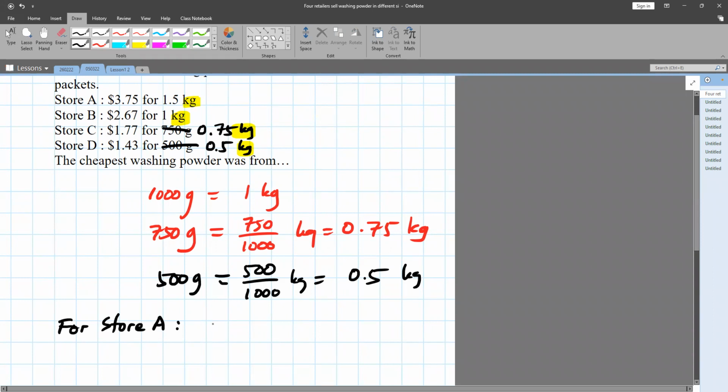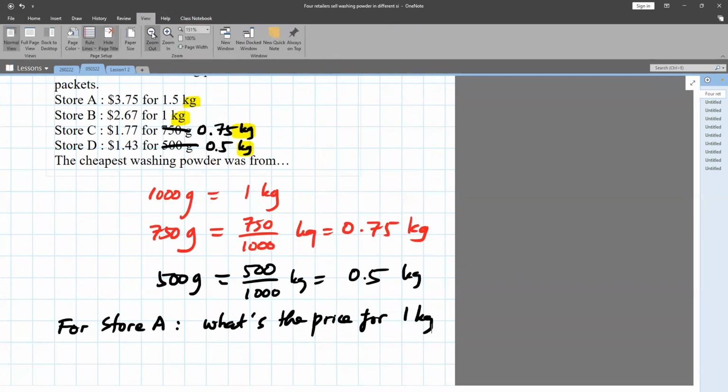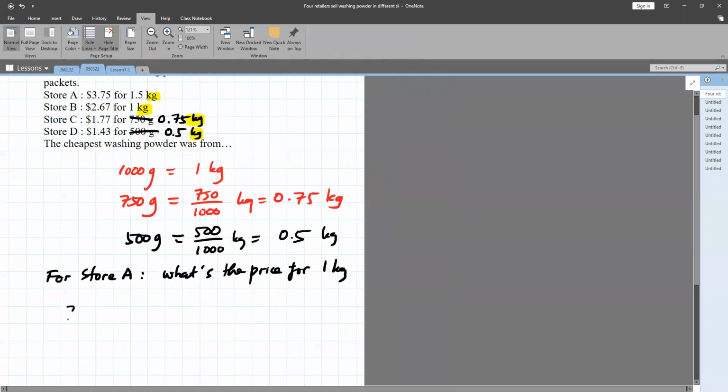What is the price now for 1 kilogram? How do we get this? You divide 3.75 by 1.5.